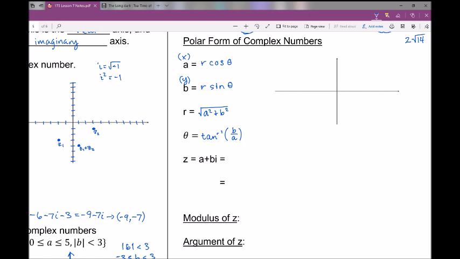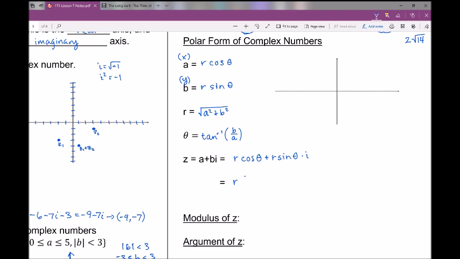So any complex number of the form a plus bi, we can sub in those formulas for a and b into a plus bi. So what we get is r times the cosine of theta plus r times the sine of theta times i. And we can further simplify this by factoring out the r.